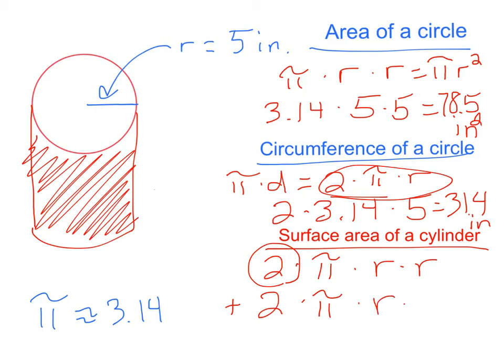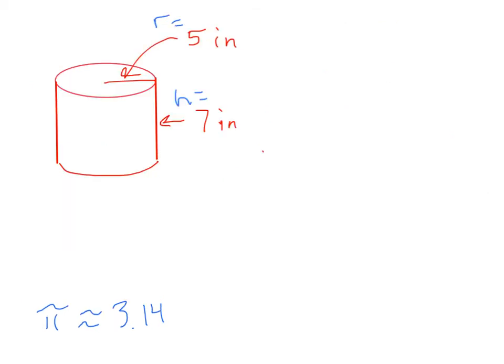And then you multiply that times the height of the cylinder. Now, if you notice, the formula for the two circles and the formula for the rectangle look extremely similar except for this part right back here. So let's actually apply this formula to a cylinder.